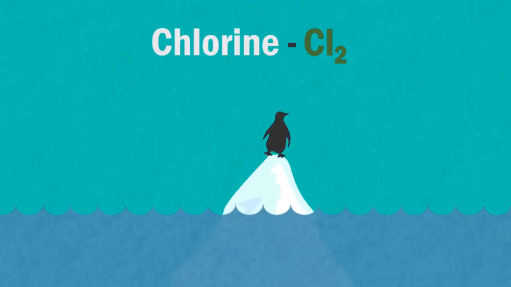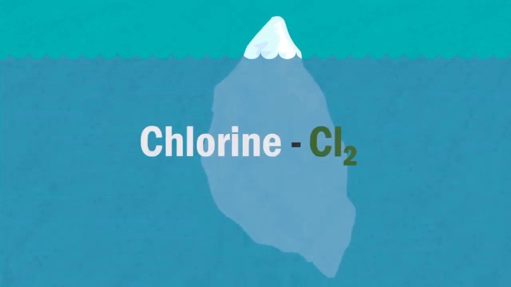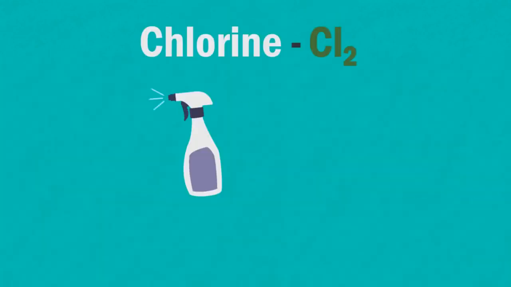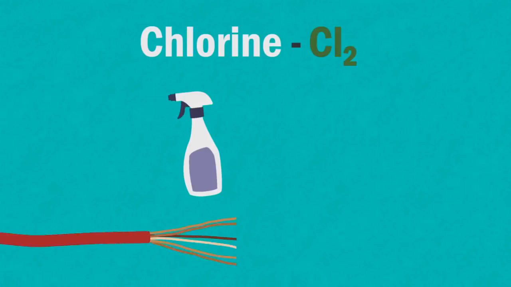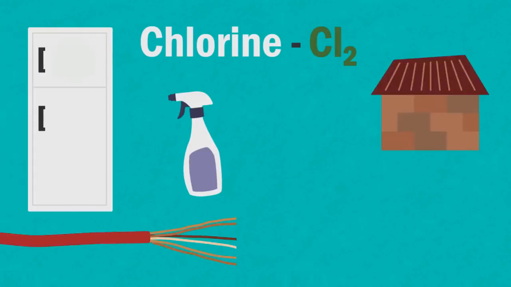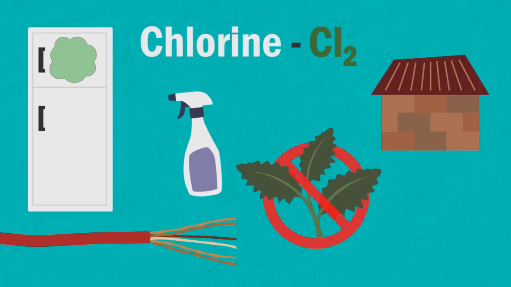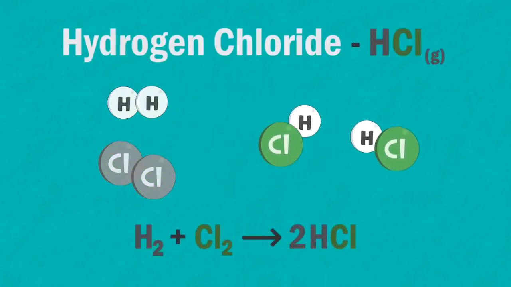But this is only scratching the tip of the iceberg, as chlorine is used to make dry cleaning ingredients, electrical insulators, building materials, refrigerator gases, weed killer, pesticides, antiseptic disinfectant. Some of the hydrogen and chlorine from the industrial process is combined to form hydrogen chloride gas.